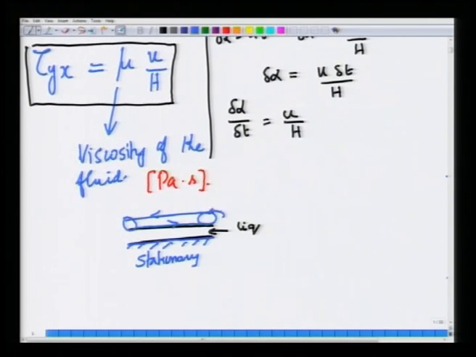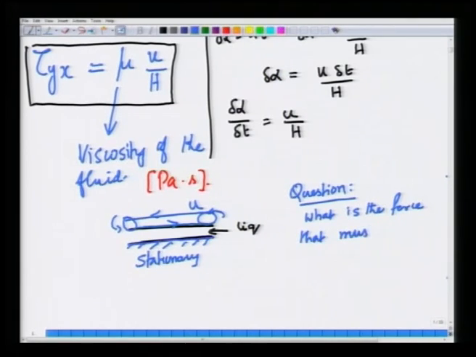So, this is rotating, with a velocity u at which the belt is moving. So, you are trying to drag the fluid at a constant velocity. Suppose you ask the question, what is the force that must be exerted to move the fluid at a velocity u?